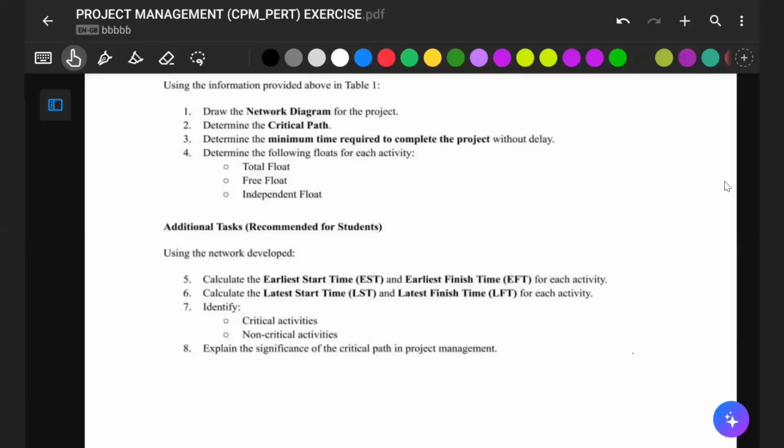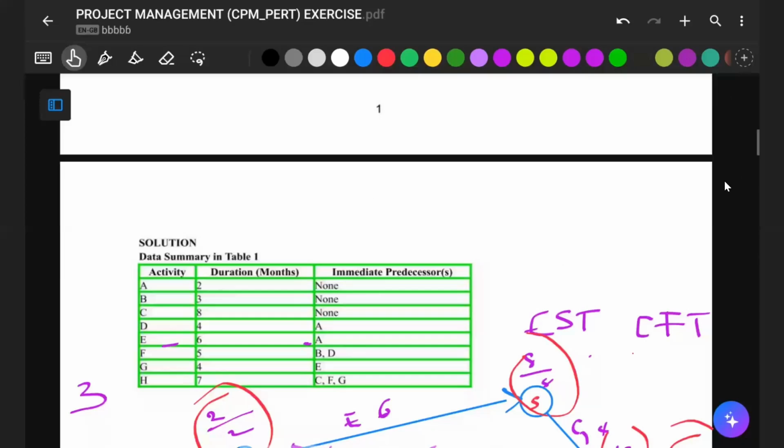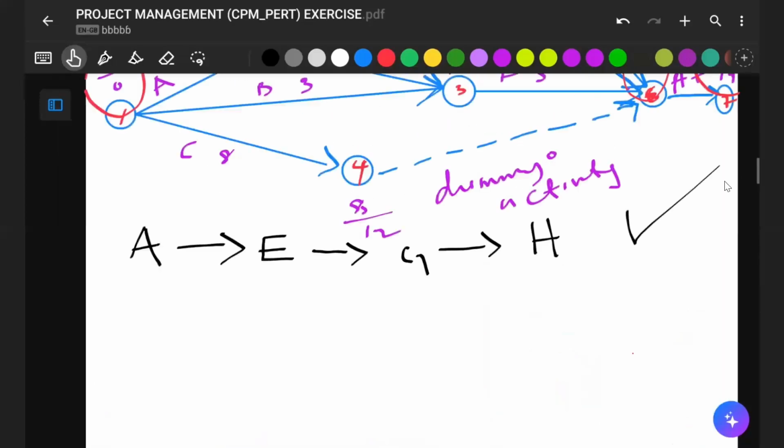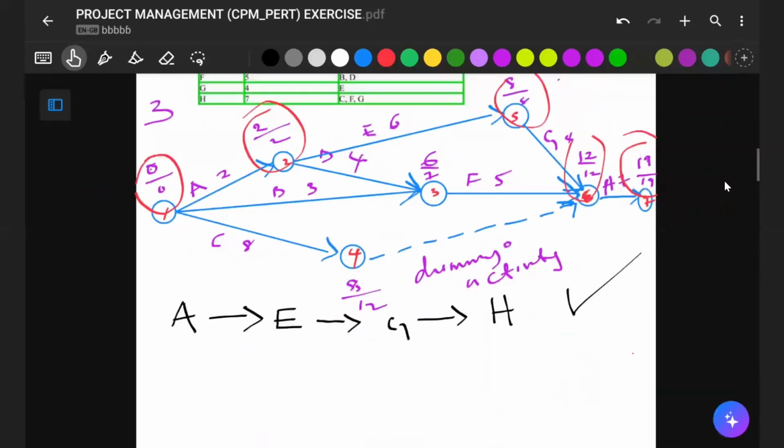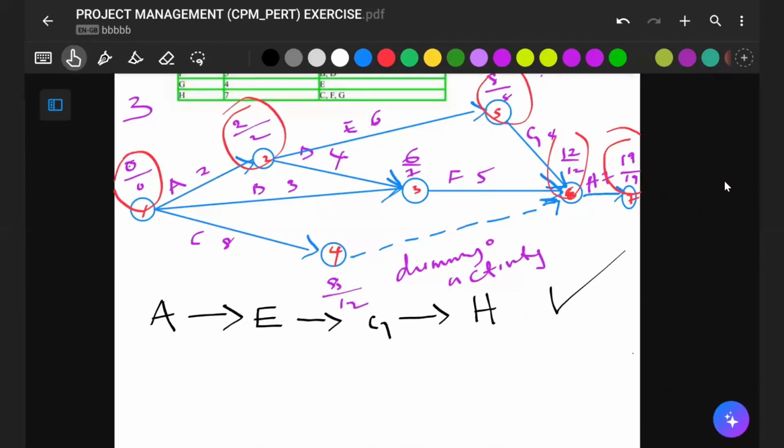That one is a given. Based on what we've gotten here, the minimum time is going to be activity A, which is 2. Am I correct? Activity E is 6, plus activity G, which I think is 8, plus activity H, 7.